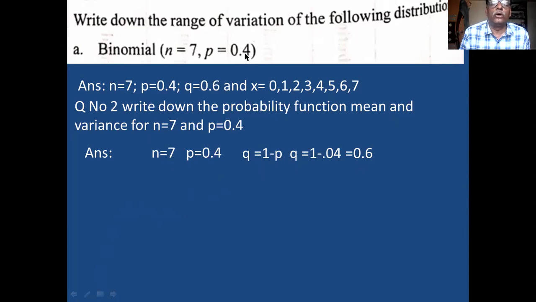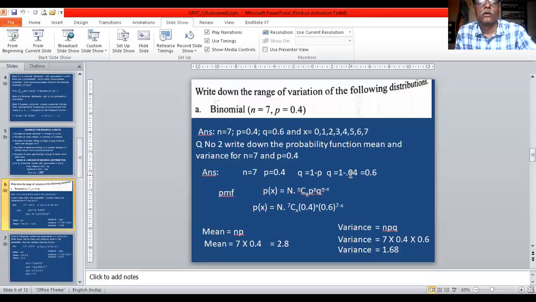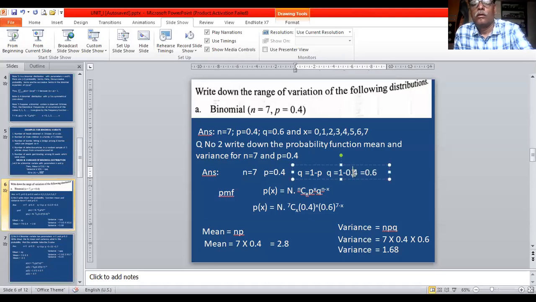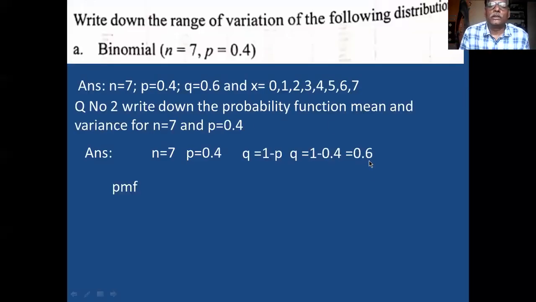In this way, you calculate the value of Q. 1 minus 0.4 is equal to 0.6. This is the answer. 0.6 is the Q value.